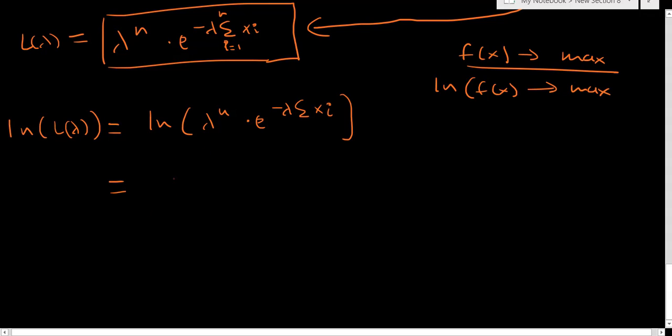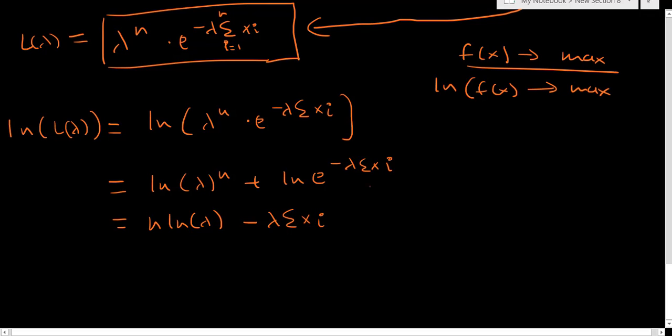Simplifying this a bit further, this is the log of lambda to the power of n plus the log of e to the power of minus lambda sigma xi. Obviously this n will come down, so this would be n log of lambda, and the minus lambda sigma xi would come down, and the log of e would become 1 because the log of e with base e is just 1.